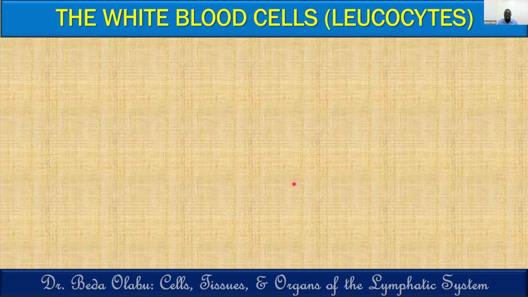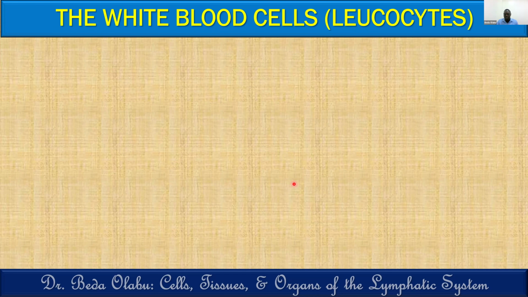In other quarters, this less than 1% is called the Buffy coat, B-U-F-F-Y coat. The Buffy coat is where the white blood cells and platelets belong. Albeit the fact that they contribute almost less than 1%, they are very important.